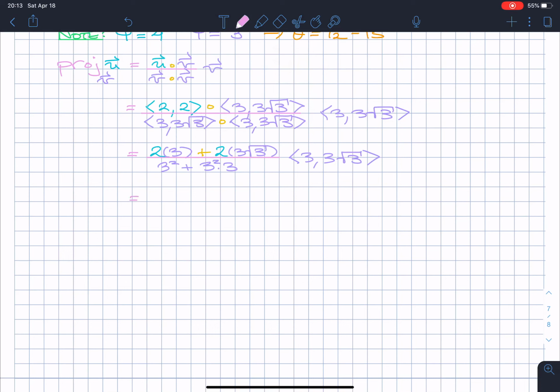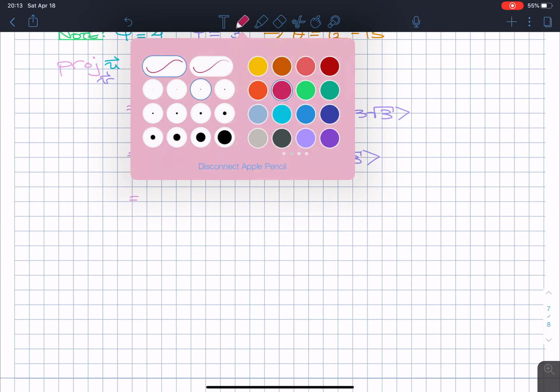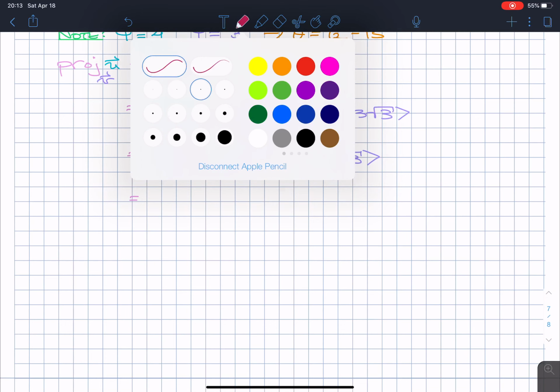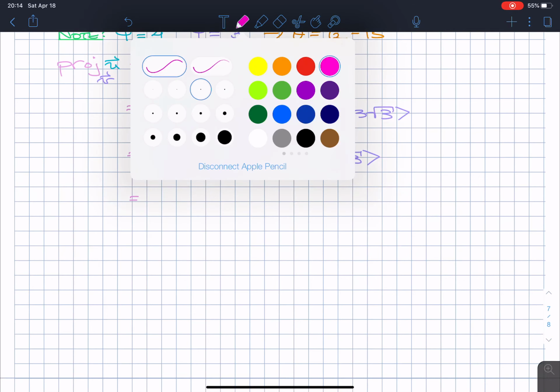Okay, so what do I have? I could probably reduce this, but that's okay. Do you agree I have a 3 coming out of everything? Why don't I just get rid of that? Let's reduce in hot pink. Okay, so I have a 3. So what am I left with in the numerator?